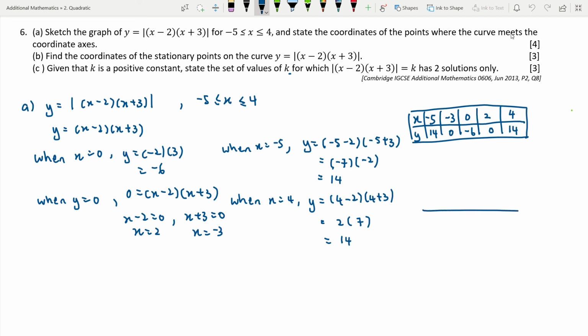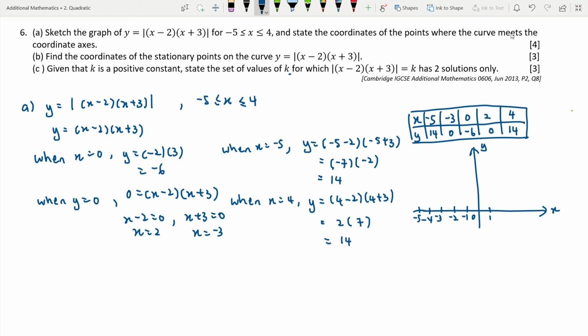Let's draw the x-axis and the y-axis. Our maximum y for this case is 14.